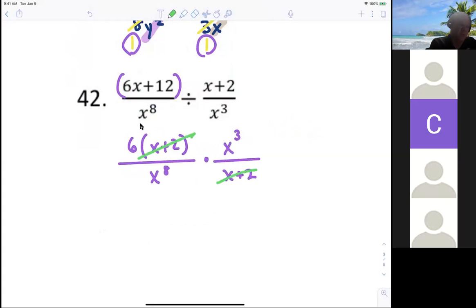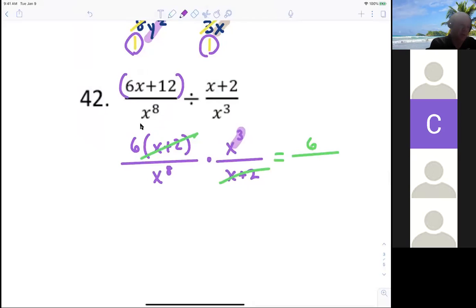The x plus 2's cancel, equals 6 is the only number, 6. Now I'm looking at x cubed and x to the 8th, which leaves x to the 5th on the bottom, because there are more x's on the bottom than on the top. Any questions?